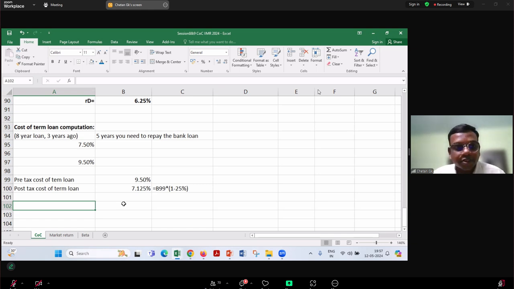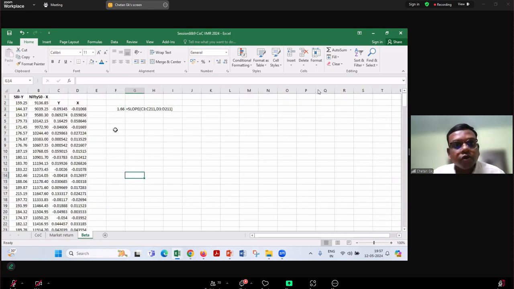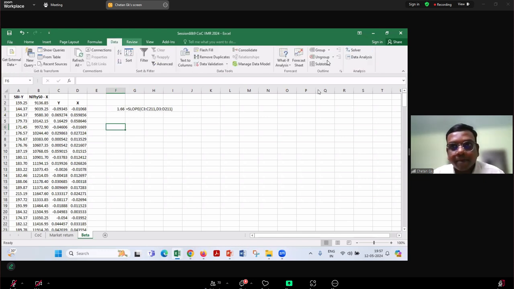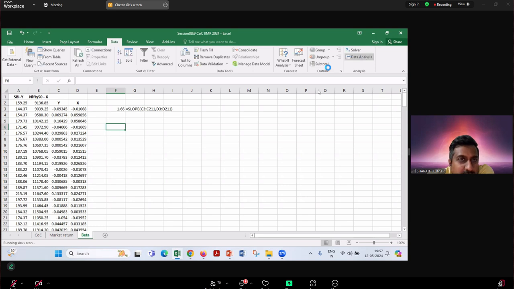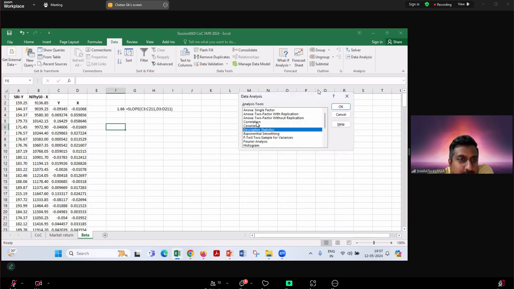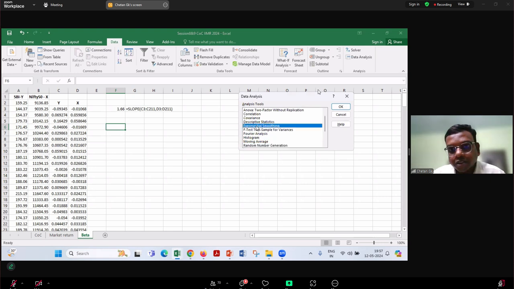In other words, what I'm saying is, you come here, you go to data analysis. Can we consider the increase in their profit year on year for the y-axis? I go to regression.